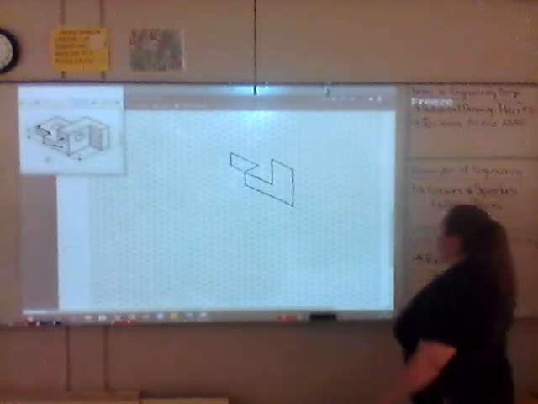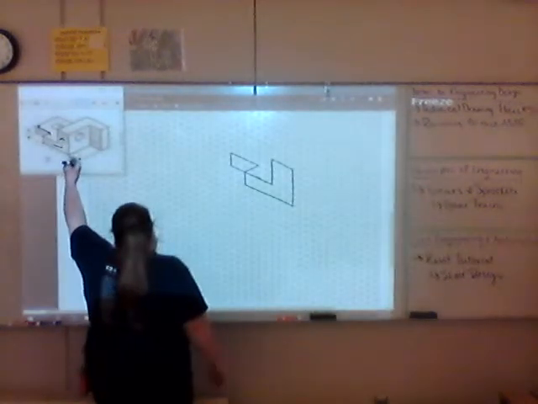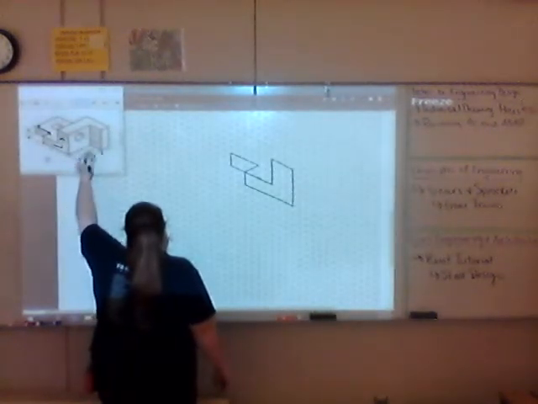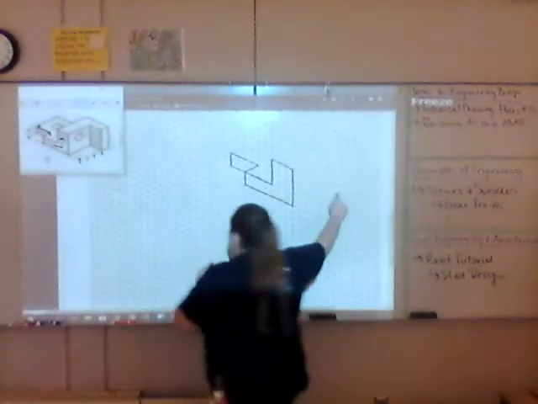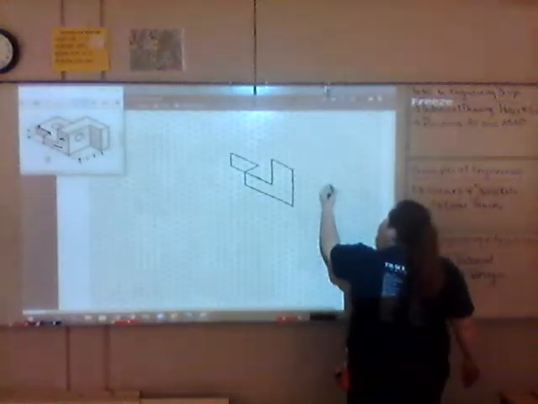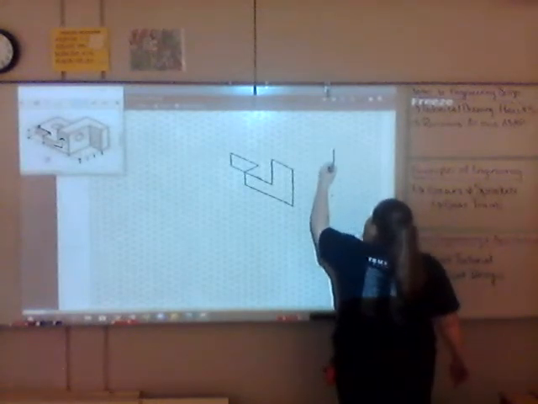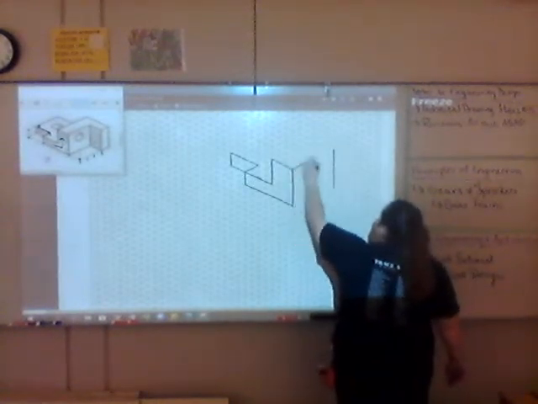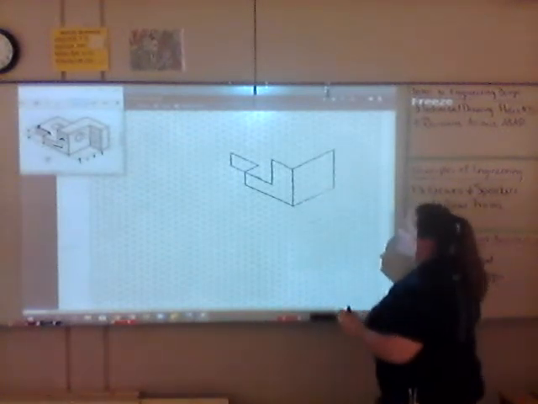All right, so what we can see off the side here is that we're going to have 1, 2, 3 spaces of 2. So we're going to count back 6 to that inside corner. So that's 2, 4, 6 right here. And then we're going to bring it all the way up here. So we can define that face like so.